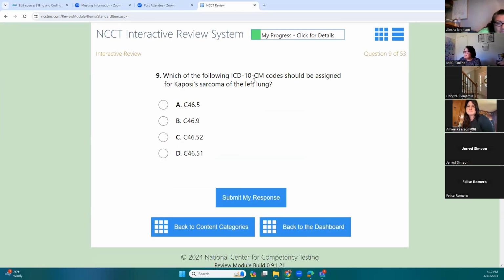Which of the following ICD-10 codes should be assigned for Kaposi sarcoma of the left lung? Jared, this one's yours.